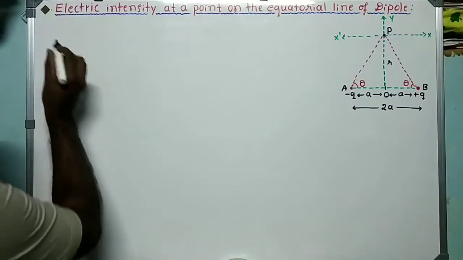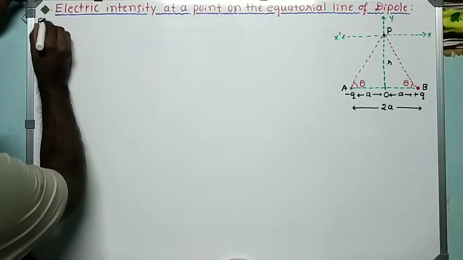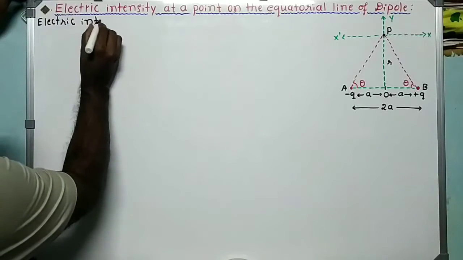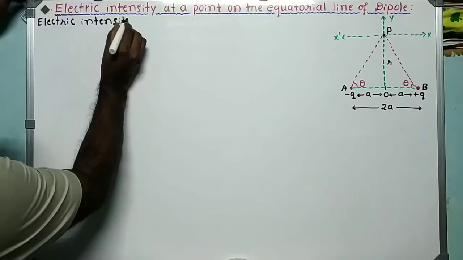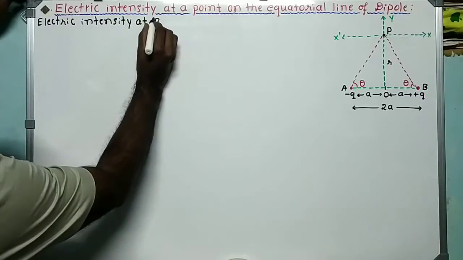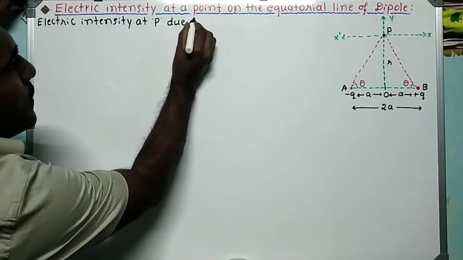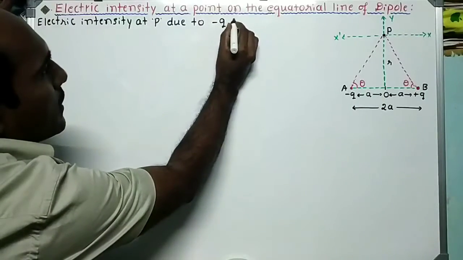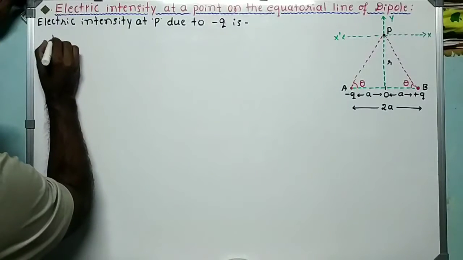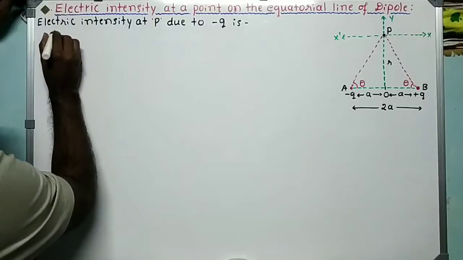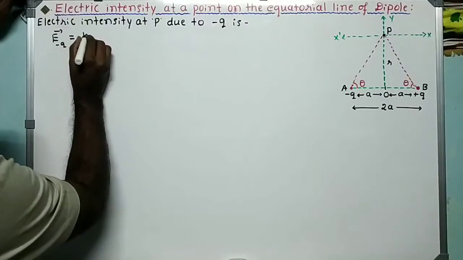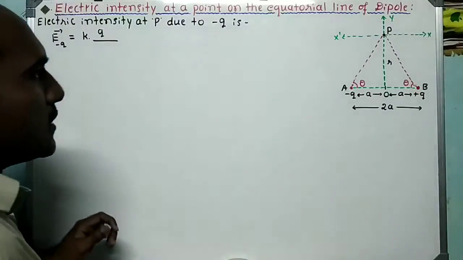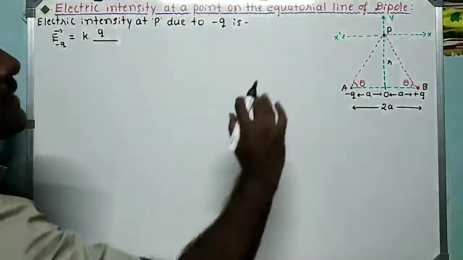See here, electric intensity at P due to negative charge, due to minus q charge, is E minus q vector is equal to K into Q divided by the distance of point P from the negative charge, that is AP.